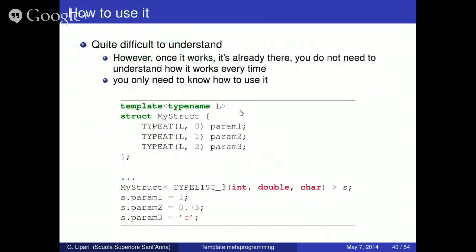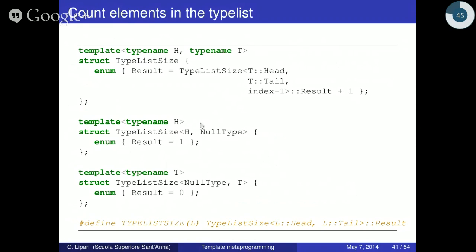So this is template metaprogramming. I'm programming a structure dynamically depending on a list of types. So this is a template meta function, and this is a template meta structure, because I'm just defining that programmatically by writing like that.